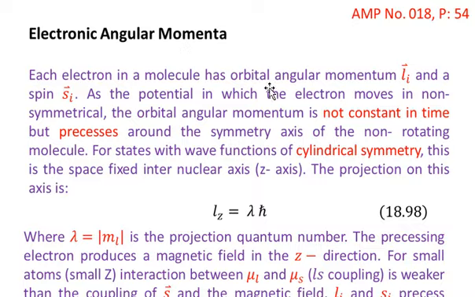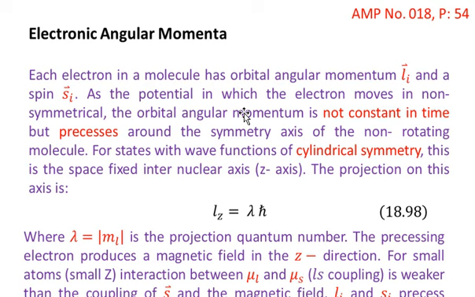Each electron in a molecule has orbital angular momentum Li. So Li stands for the orbital angular momentum of the ith electron, and spin Si is the spin angular momentum of the ith electron.